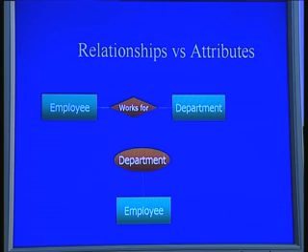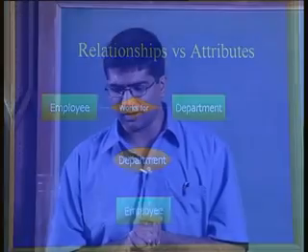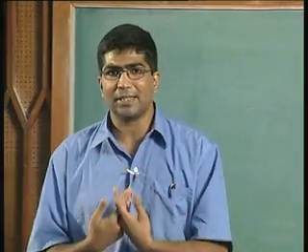So which is correct? Is department an attribute of employee, that is, does the department in which an employee works describe the characteristics of an employee, or do departments and employees have separate existences as separate entities with a relationship type between them?